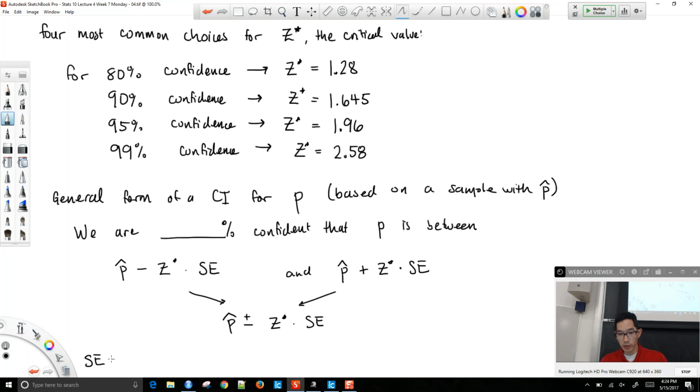SE is the standard error, which is equal to the standard deviation. I think on the previous slide I just called it the standard deviation. But if it's the standard deviation of the sampling distribution, then the formal name would be the standard error.